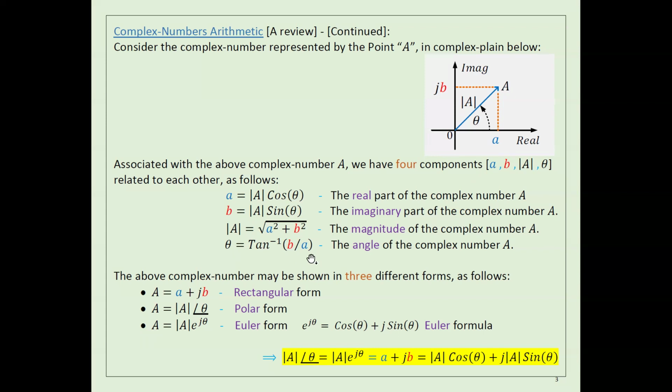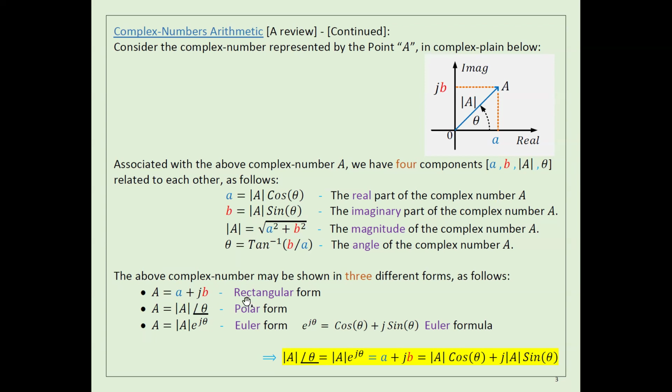And when it comes to the inverse of tan, there's a trick, and we'll talk about it. So again, conclusion: if you have a rectangular form, in order to convert it to polar, number one, the magnitude is the square root of a squared plus b squared. Number two, the angle is the inverse of tan of b divided by a. Is that okay?